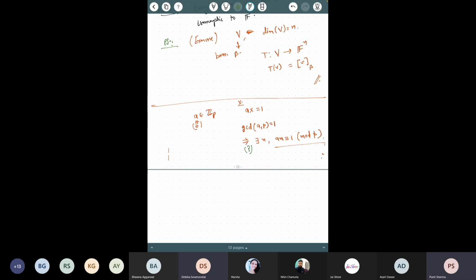If you want to verify, we can write that for each x bar belonging to ZP, we can find x inverse, such that... So you want to write it in some particular form?